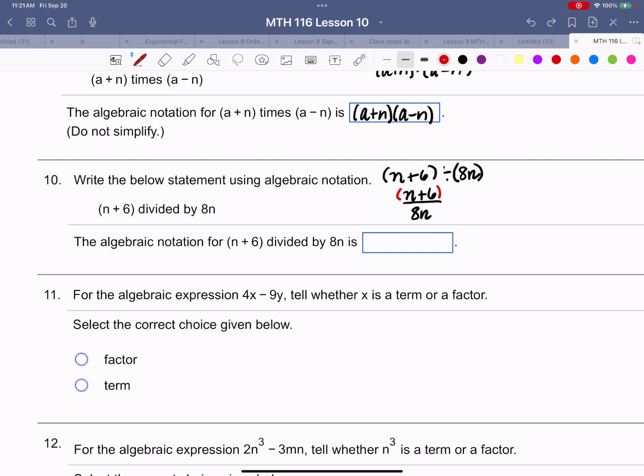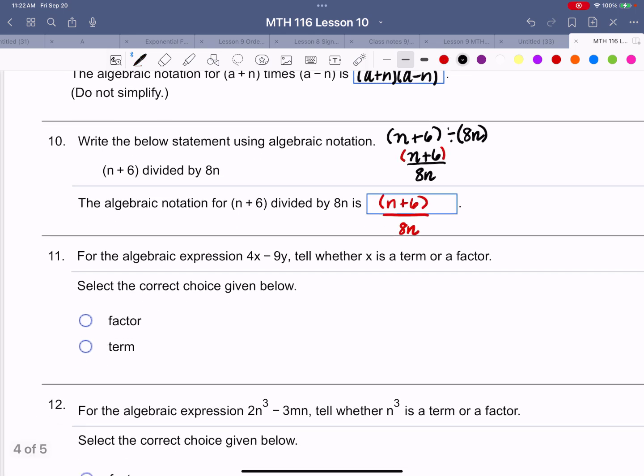That would be incorrect, so we don't want to do that. That n plus 6 is these two terms, a binomial that have to stay together. You can't separate them. So n plus 6 divided by 8n. It's probably our best format for that answer.